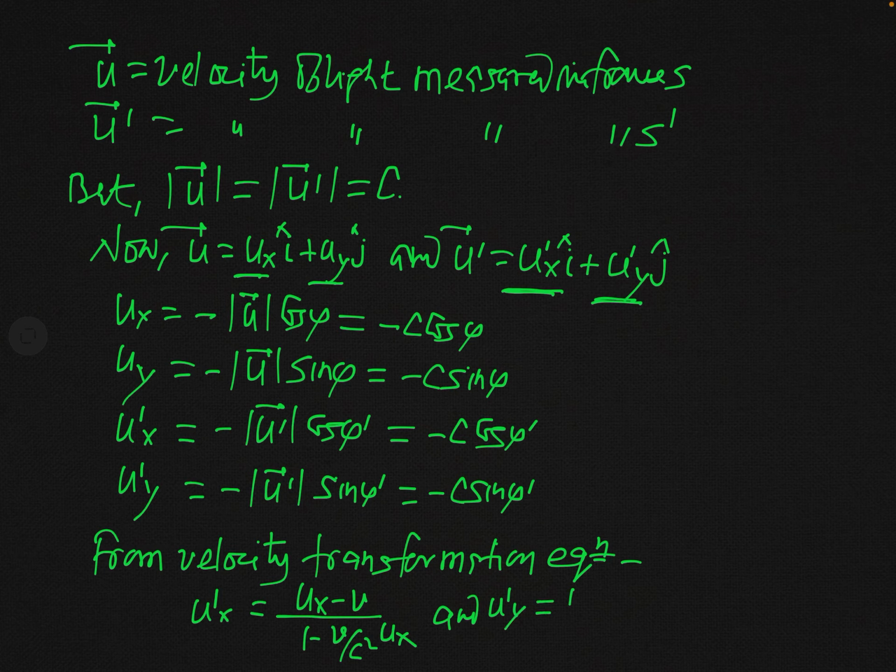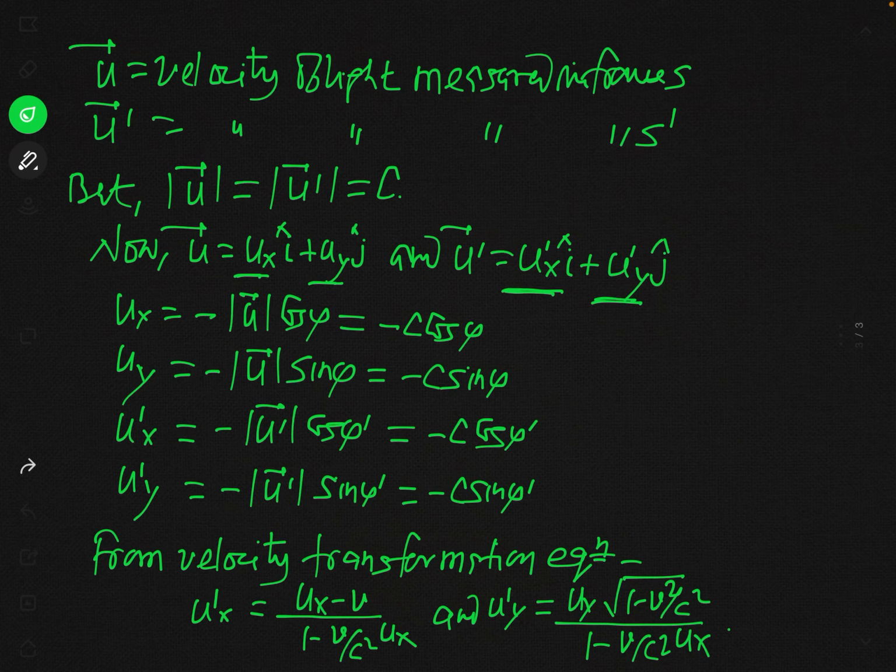You have studied that this is uy into root over 1 minus v square by c square and divided by 1 minus v by c square ux. So these are actually the relevant velocity transformation equations, and from here we can find using these results actually the relation between phi and phi prime.